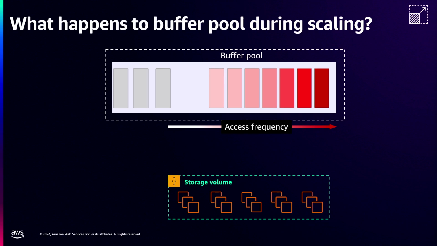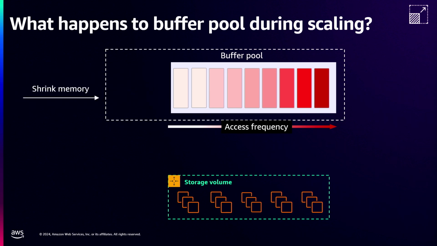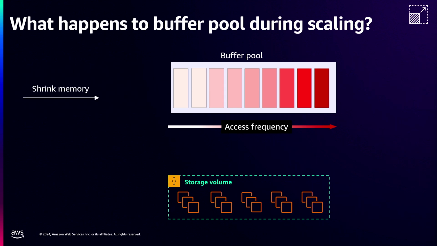So these are going to be your warm pages. Now, the pages that are most likely to be evicted are the ones shown in gray. So we evict these cold pages, we reclaim the memory, and then at the end of the day, we shrink this buffer pool down when your database is scaling down. So this is just briefly how buffer pool scaling works.